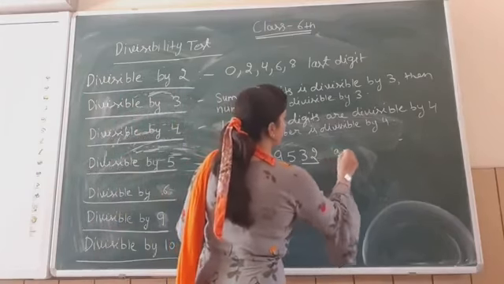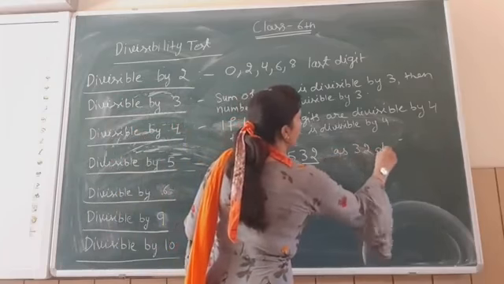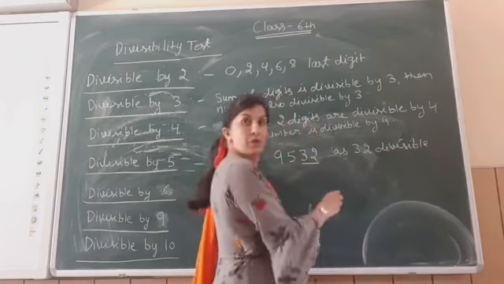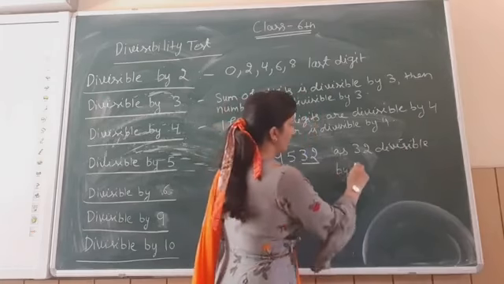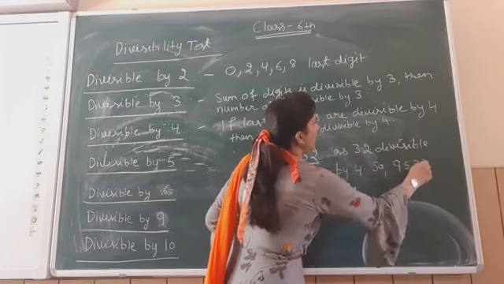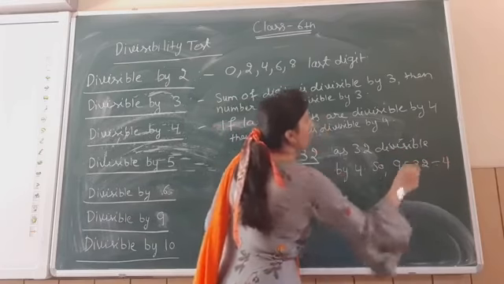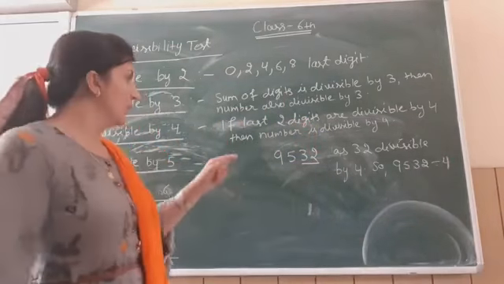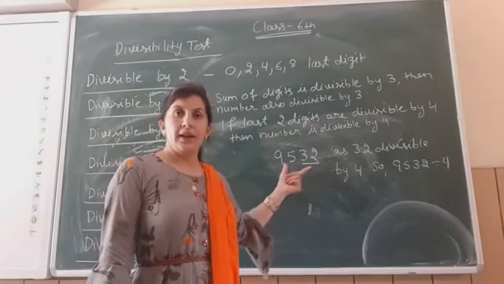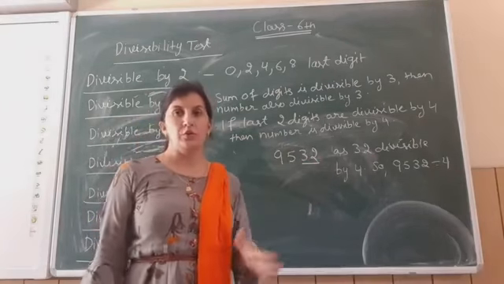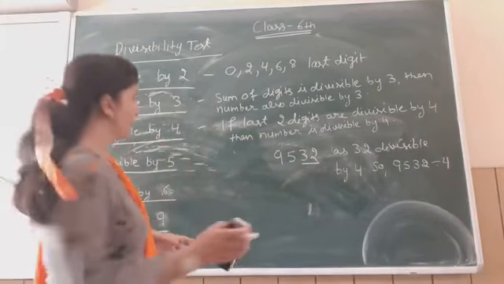So, as 32 is divisible by 4, the number is also divisible by 4. So we will check only the last 2 digits, and if the last 2 digits are divisible by 4, then the whole number is also divisible by 4.